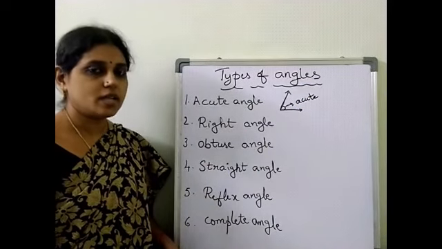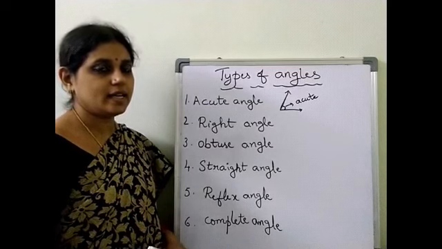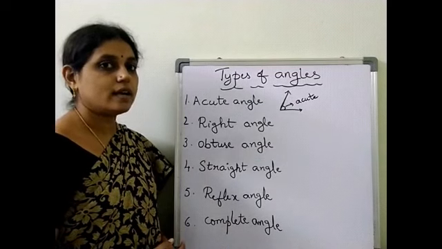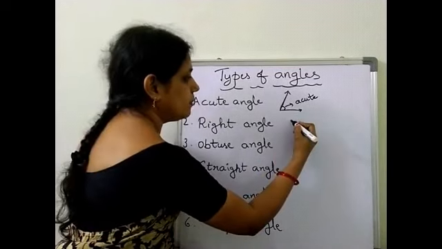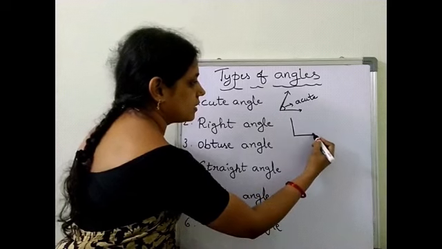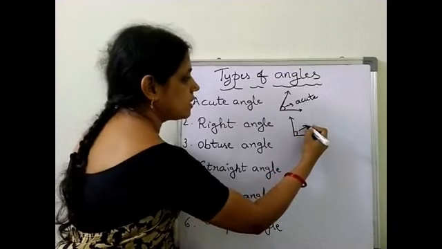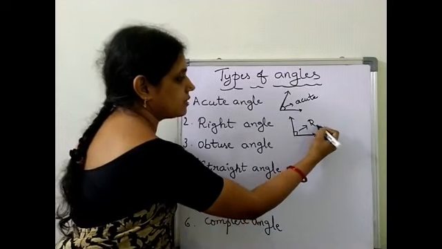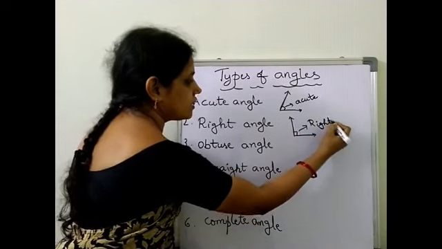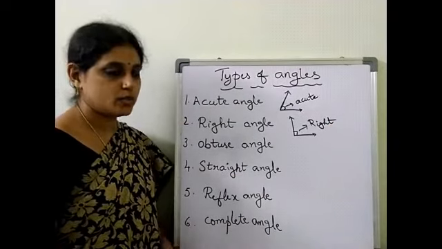Next, if the measure of the angle is exactly 90 degrees, then that is called a right angle. Right angle we represent like this. Next, obtuse angle.